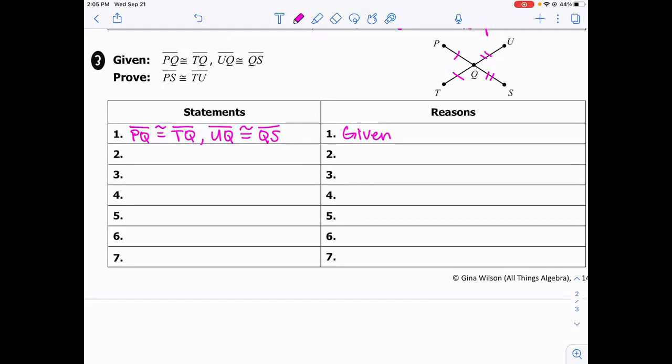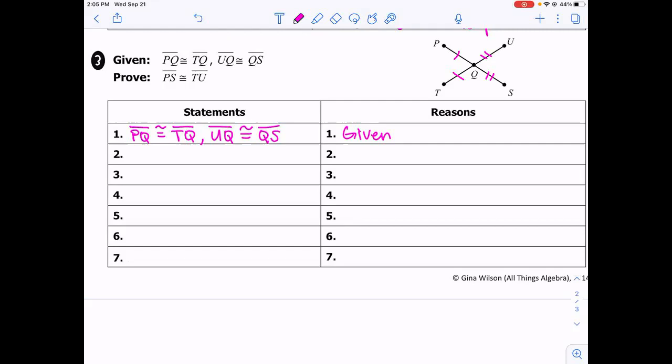Okay, I want somebody to raise their hand if they have an idea of one thing they know we need to use, whether it's right now or later on in the proof. What's one thing you know we're gonna have to use? Carson. Because the Q's gonna be in all of them, it's all from midpoint.